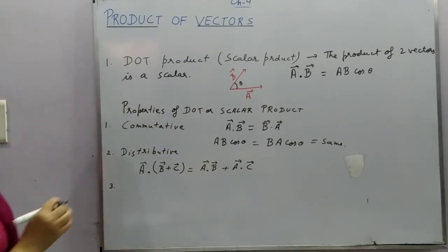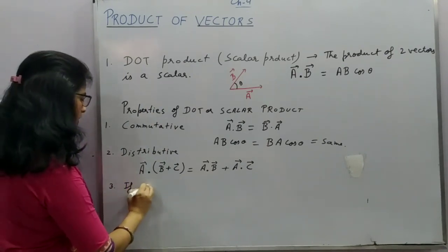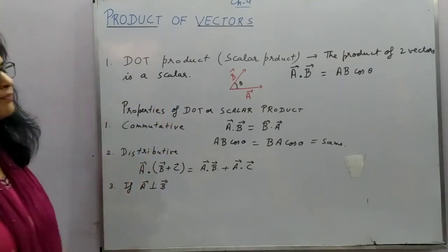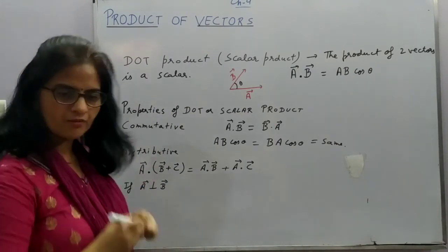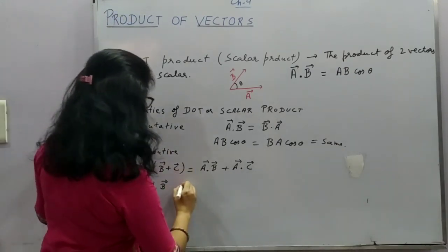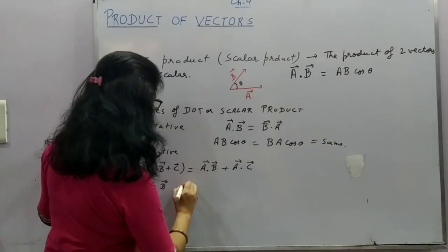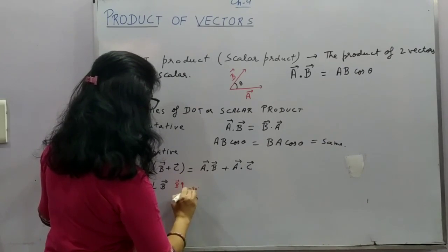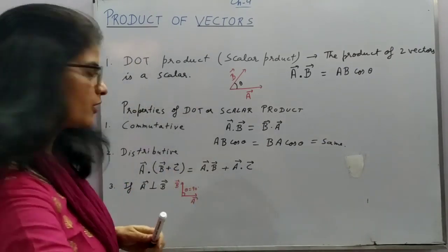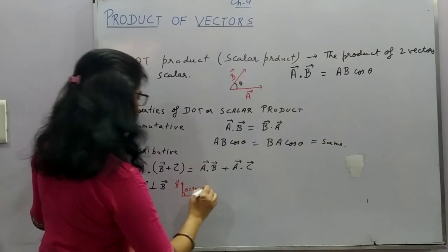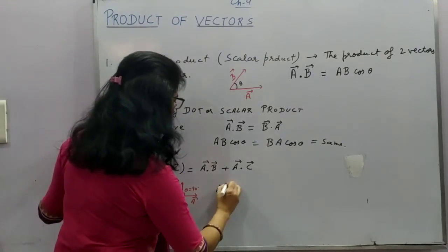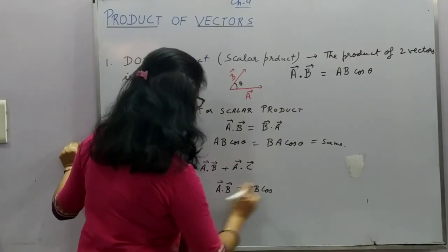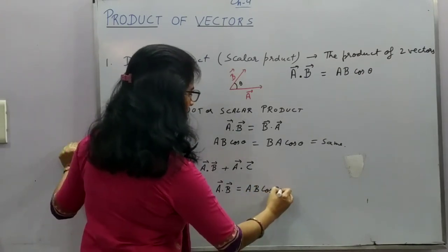Then we have the third thing. If A vector is perpendicular to B vector, look at this. If A is perpendicular to B vector, what does that mean? That the A and B vector are like this and theta is 90 degrees. So here, what will be the formula now? If A is perpendicular to B, we know that A dot B vector is magnitude of A, magnitude of B, cos of angle between the two, 90 degree.